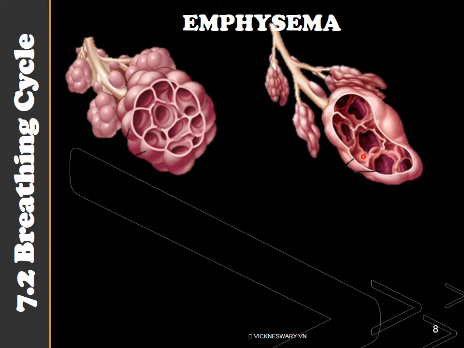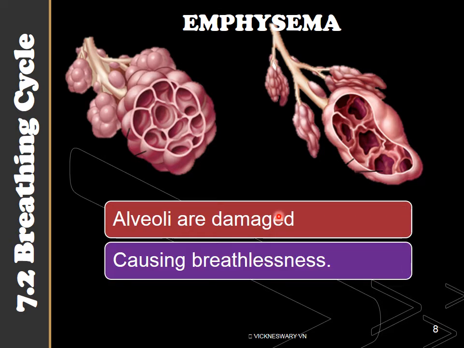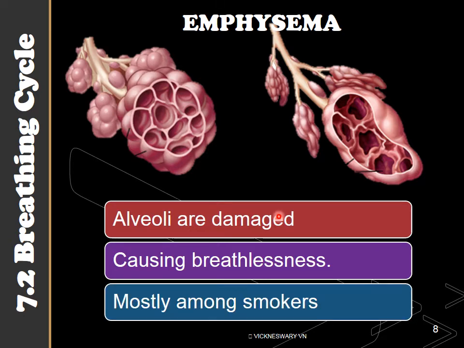So naturally gas exchange is limited. So in emphysema, the alveoli becomes damaged, causing the patient to be unable to breathe, breathlessness, and this is due to smoking. So this emphysema is also another example of COPD.